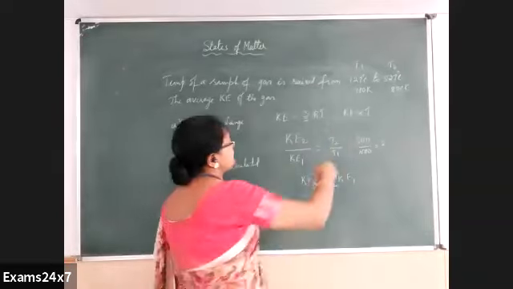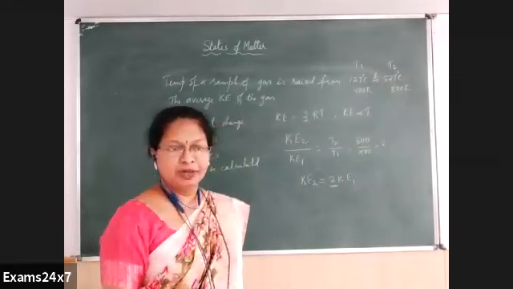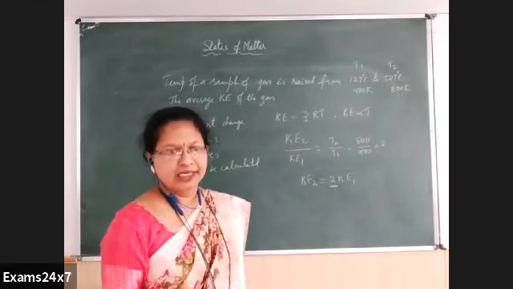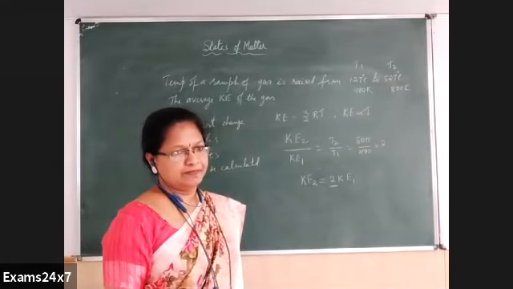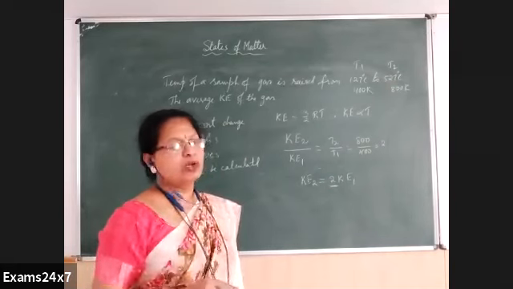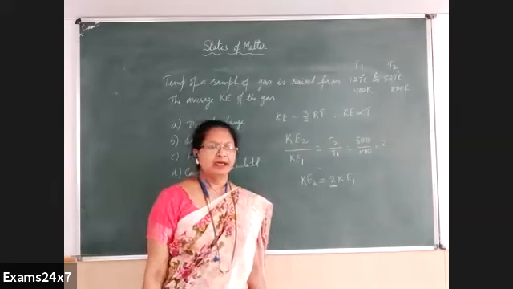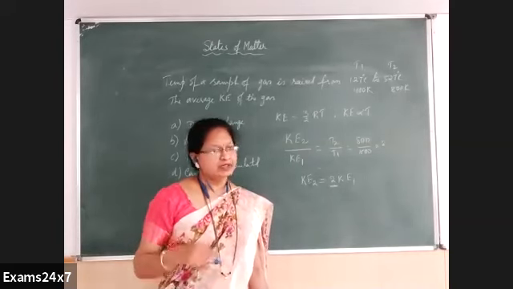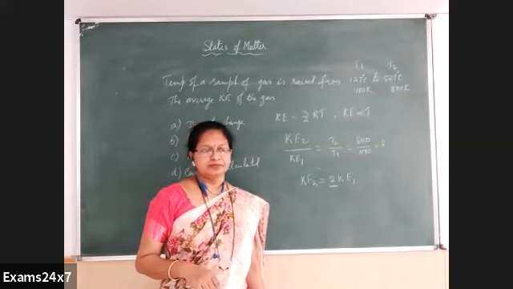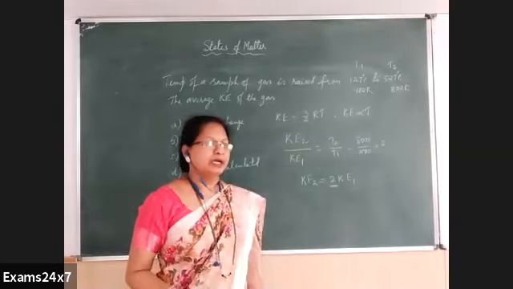Suppose the temperature is given from 527 to 127, then it would be halved. But now, as temperature increases, kinetic energy also increases. This is one hint, in fact. Kinetic energy and temperature are directly proportional. When temperature increases, kinetic energy has to increase. It cannot be halved. It has to be doubled.